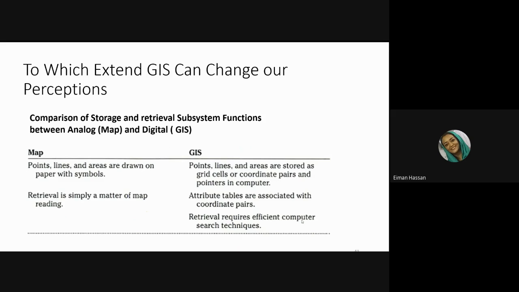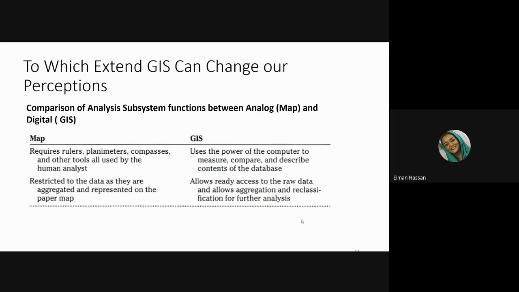Retrieval is simply a matter of map reading. I know it's not easy to read a map when someone is doing it manually, but it's very easy and efficient by computer, so everyone can read the legend and symbols and understand what's on the map.